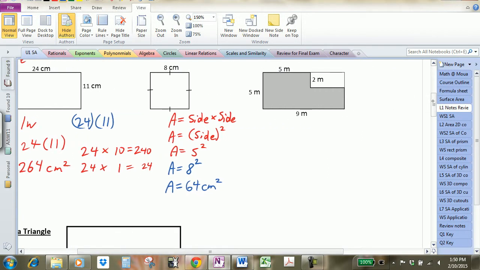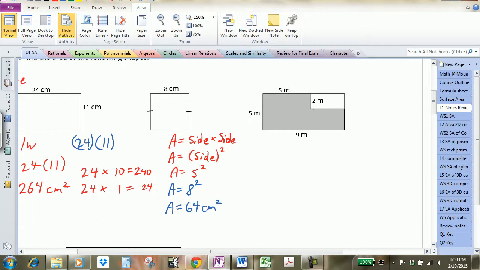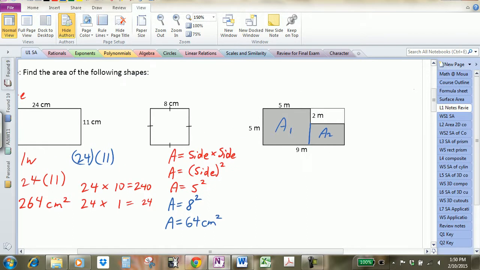This shape here, we want to find the area of the shaded region. So typically in the past you've done this, area 1 plus area 2. We're not going to do that though. Okay? What you got to be careful about when you have a compound shape is that you have to subtract to find measurements. What we're going to do is find the area total.